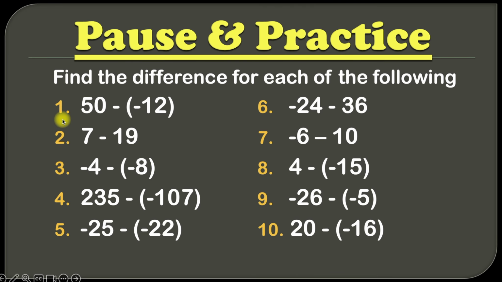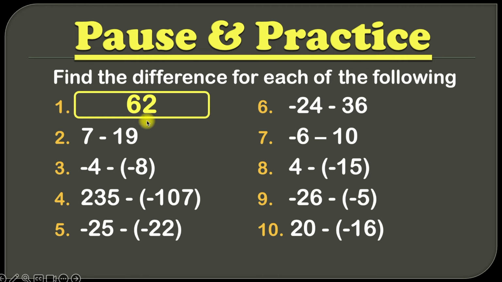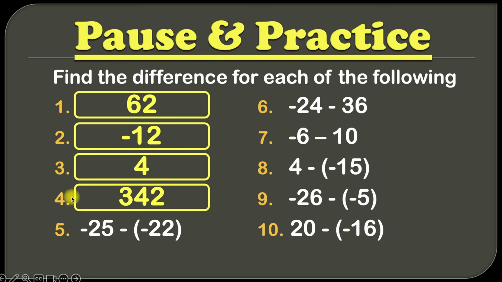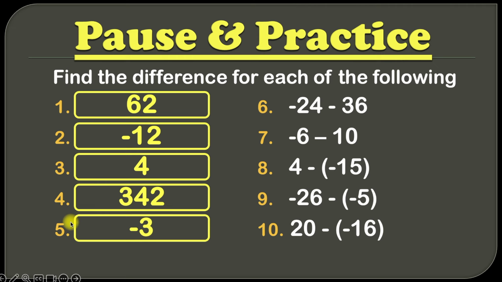So let's take a look at our answers. Number 1 is 62. Number 2 is -12. Number 3 is 4. Number 4 is 342. Number 5 is -3.